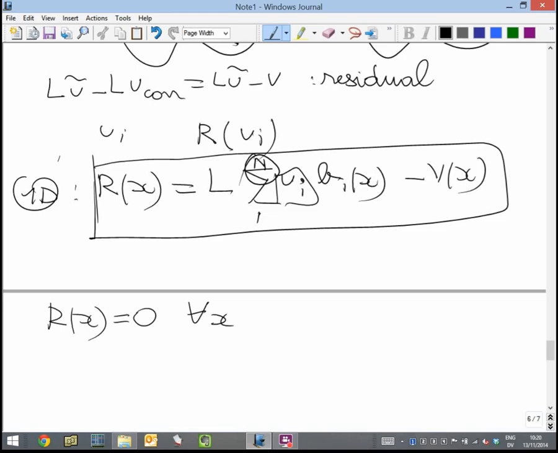So what other approaches? Rather than asking that R of x is equal to 0 for all possible values of x, what are some conditions that you think would be good to impose on R of x that would help us to construct a good solution? Yes? Yeah, so if it does not work for all possible values of x, perhaps we can just live with asking that R of x is equal to 0 at a certain family of points.